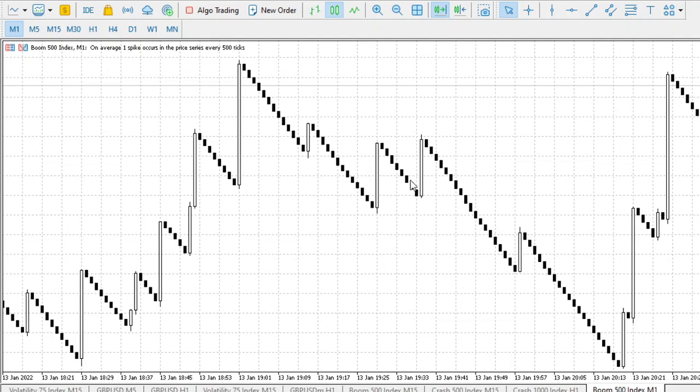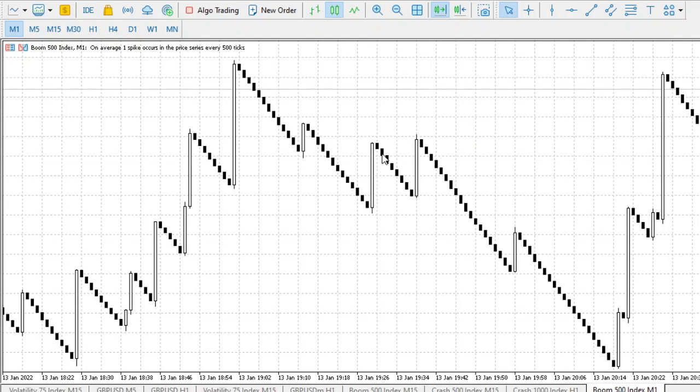This is so because yes, you can see these ticks, but you never know when a spike is going to come. These small ticks are less dangerous than the spikes, because spikes can actually wipe your account. So in this video we are going to show you how to target the spikes so that you can avoid being wiped out.